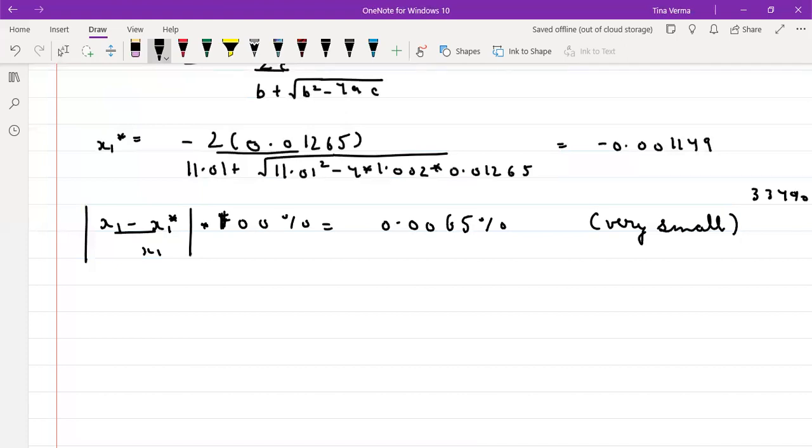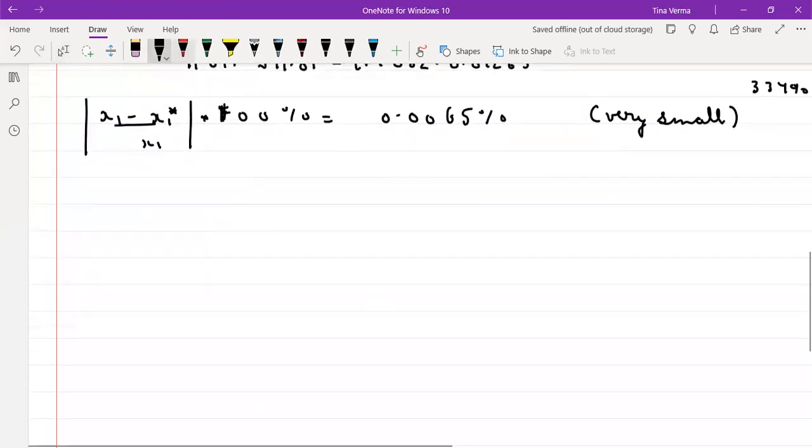So you can see, we just reformulated the function and we got the accurate answer, right? So to avoid the subtraction of two nearly equal numbers, so that you do not lose significant digits, you can reformulate the function.